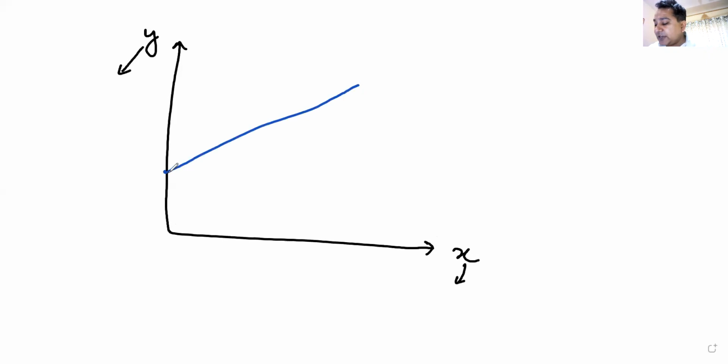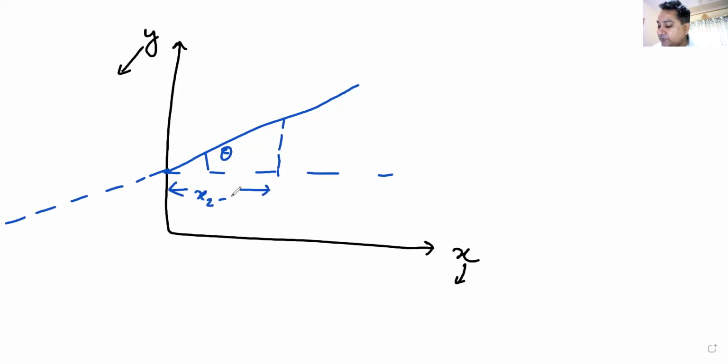So if I have a straight line, this straight line at some point is going to cut your x-axis and it will make an angle theta with the x-axis. We had found the value of this theta by dividing x2 minus x1 with y2 minus y1. Do we remember this?